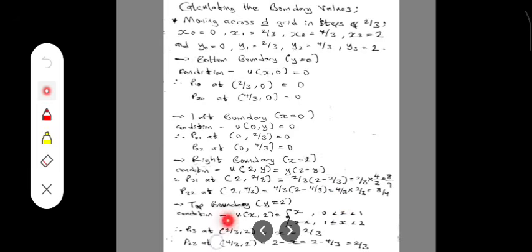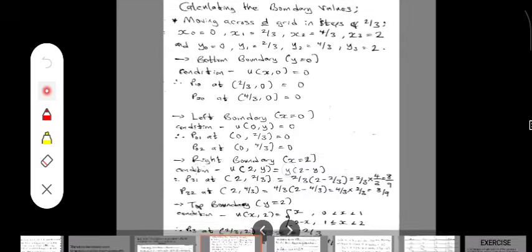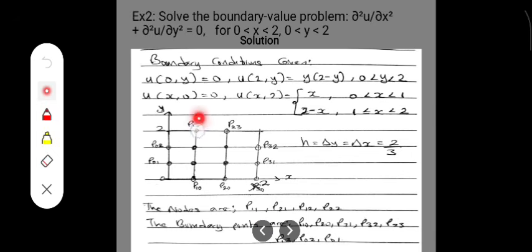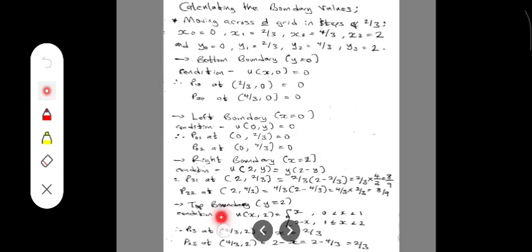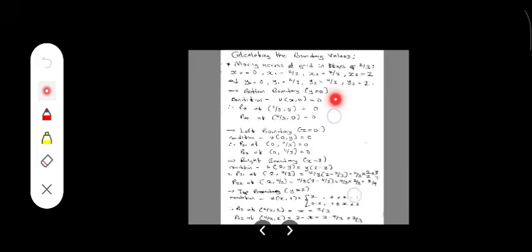P13 lies at point 2/3, 2. Now the s value is actually 2/3, and it is greater than 0 and lesser than 1. So we'll be using this function for it. So that particular point will be equal to s, which is the s value as 2/3.